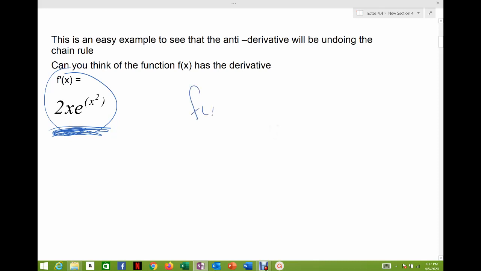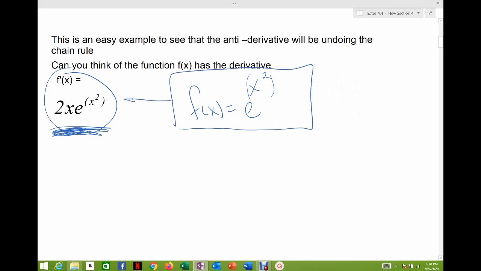The basic function is f of x equals e to the x squared, right? If I look at this function's derivative, there would be some constant that we could tack on in the end, and we will do that when we set it up in the general case. If you take the derivative of this, you do get that expression, and it involves the chain rule. The derivative is the original function e to the x squared times the derivative of the inside, which was 2x, and then it was just rewritten.